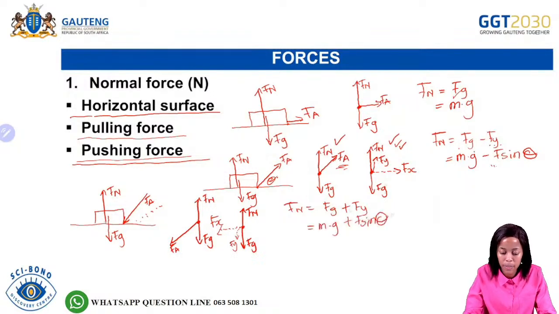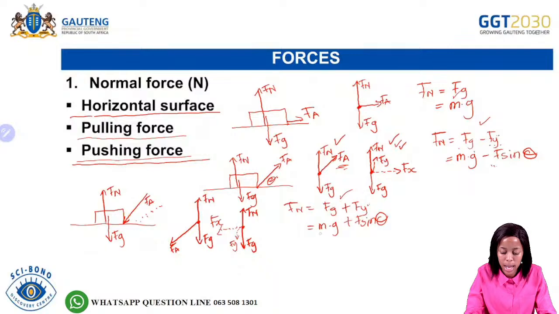So again, this one we are saying it represents a pushing force. This one, it represents what? A pulling force. So the difference is that on this one we need to subtract our Fy, and on this one we need to add the Fy.